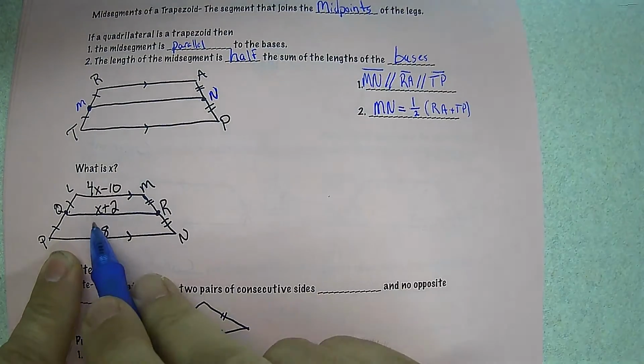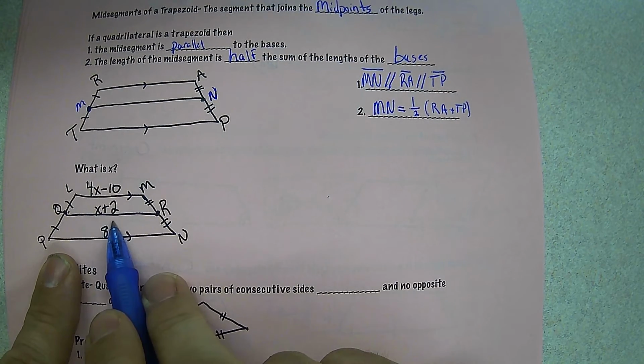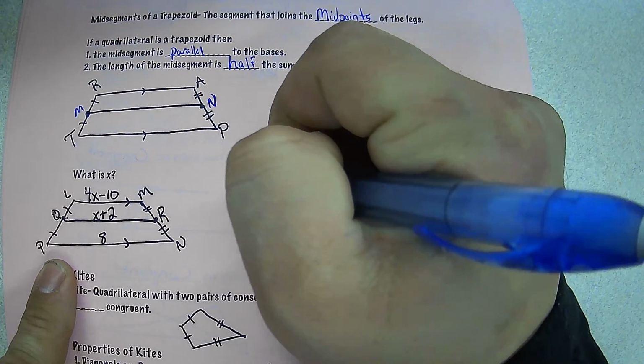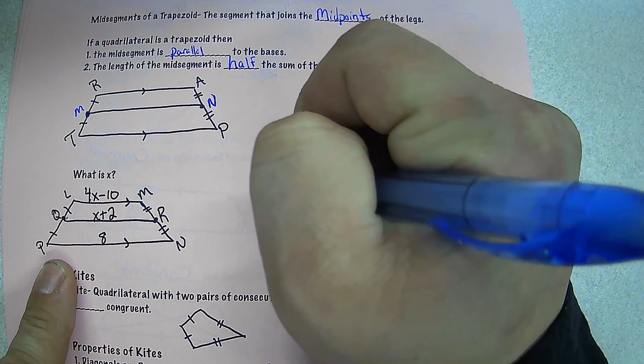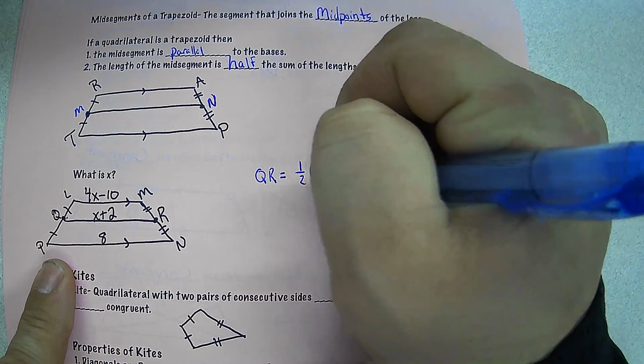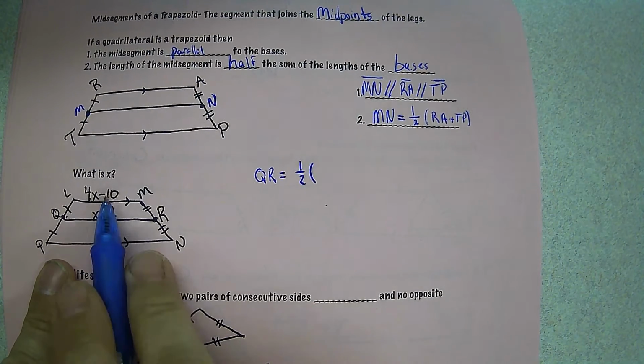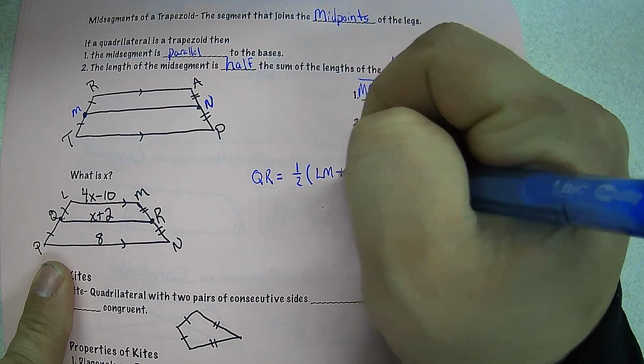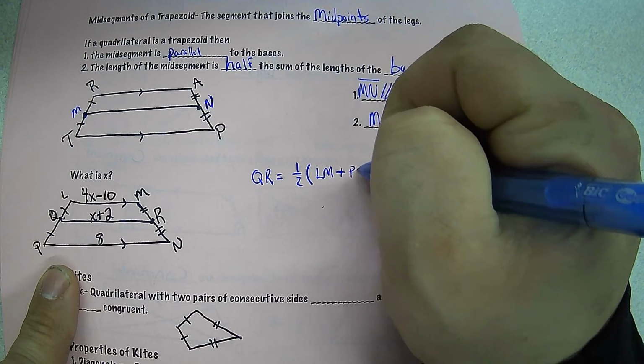So if we transfer this trapezoid into this formula right here, QR is going to be equal to 1/2 the sum, or adding up, the bases. So LM plus PN.